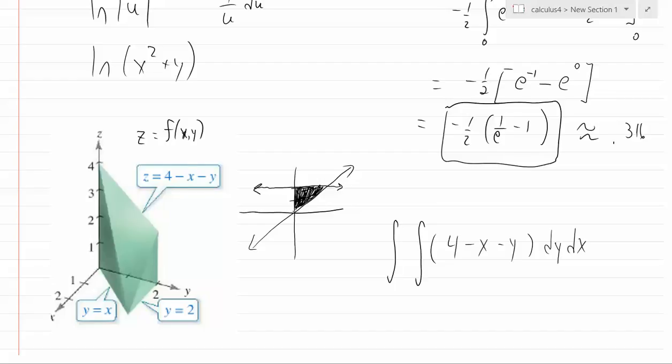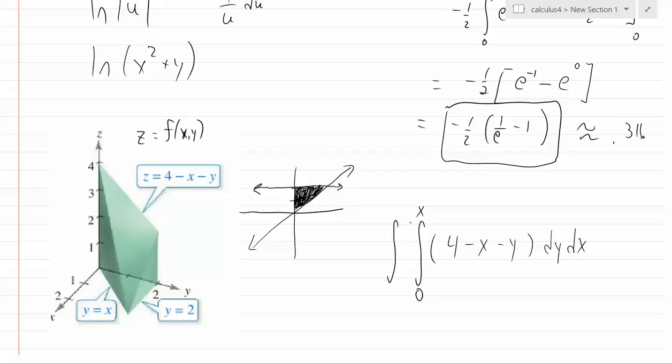Just change it. Did anybody work it out dy dx? And what were your boundaries? I used x and 0. Did you go from 0 to x? Yeah. 0 to x. Okay. And then what were your, so we have to use x boundaries on the outside.